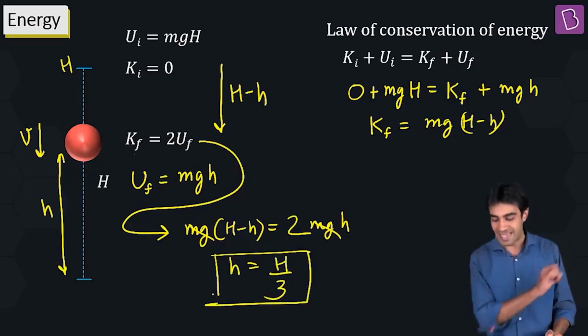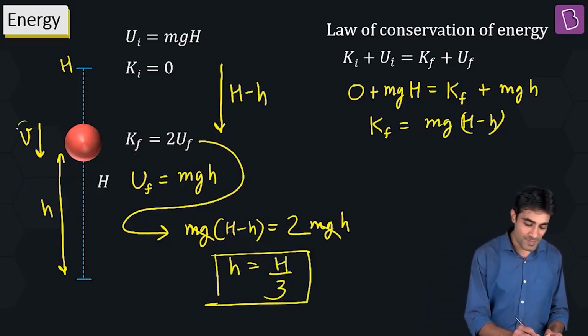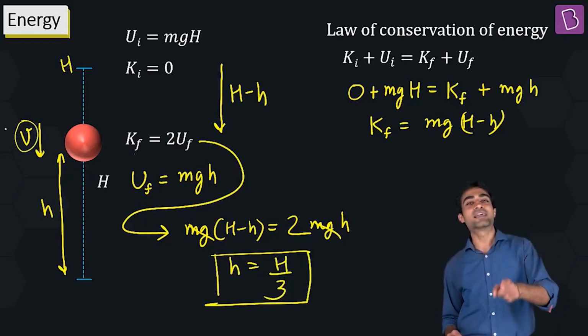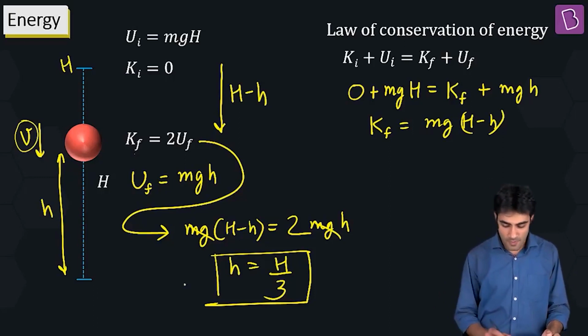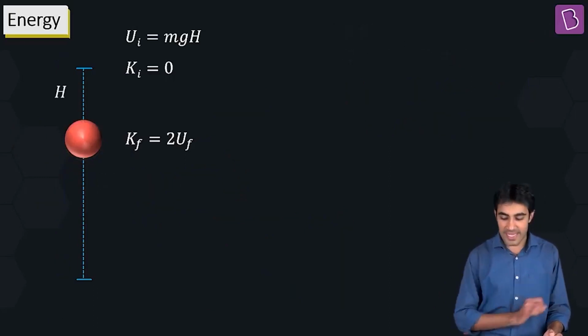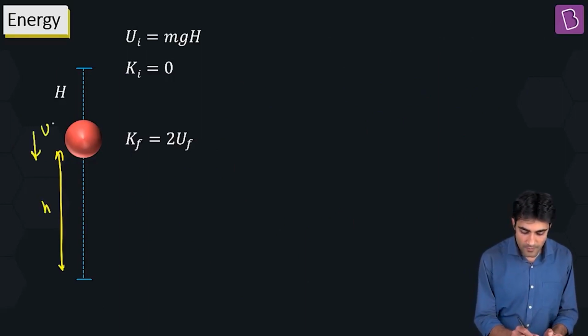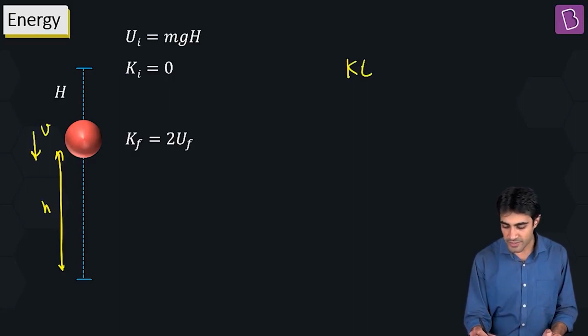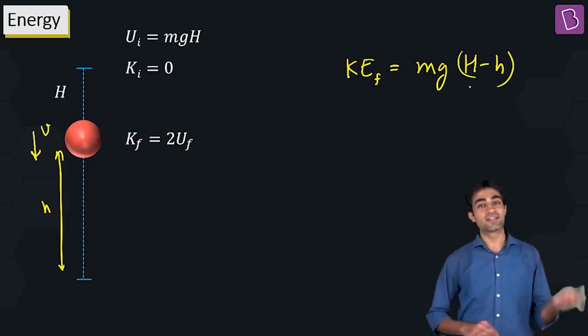Now it's time to calculate the speed v. To calculate v, I will go back and say that at this height small h, the value of the final kinetic energy was equal to mg(H minus h).